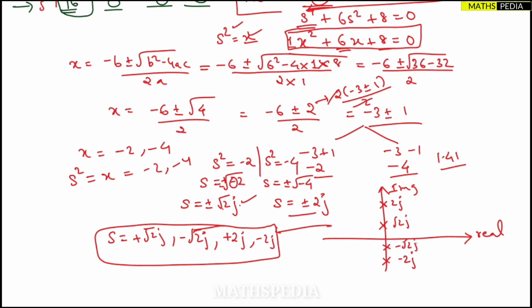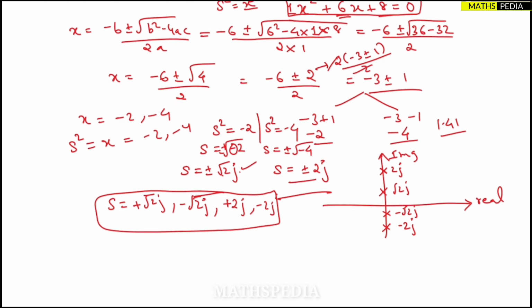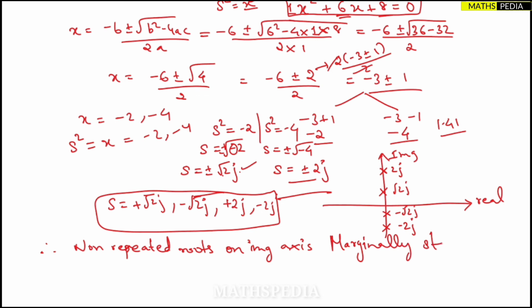So here you can observe that the roots are basically non-repeated. There are no repeated roots. Non-repeated roots, and they are situated on the imaginary axis. Therefore, the system will be marginally stable, not unstable.